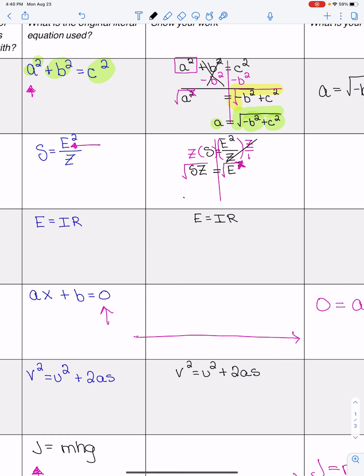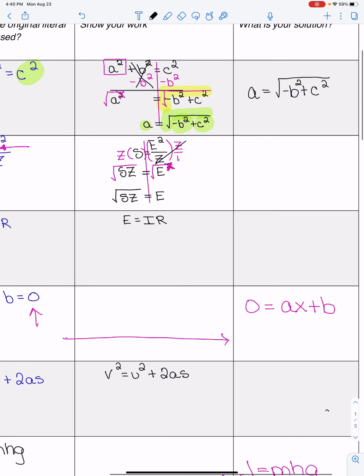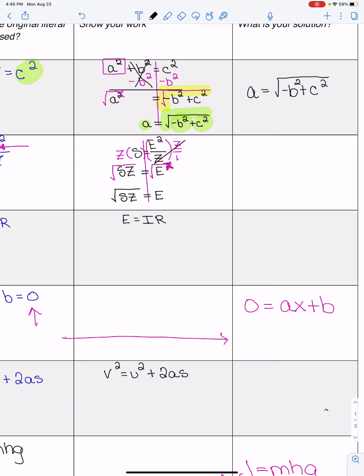But on the left side, we have the square root of sz. And on the right side, we have e. So my final answer would be e is equal to the square root of s times z.